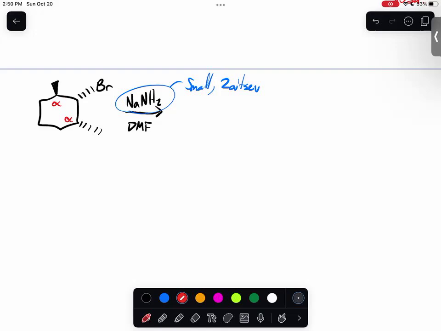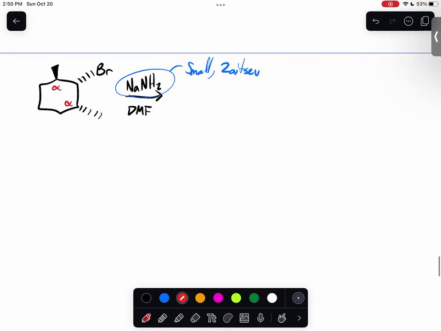But looking at these, we have something interesting happening. If we draw out where the hydrogens are on each, this one has a hydrogen on a dash, and this other one has a hydrogen on a wedge. What's weird about this, and this is why chairs are a little funky, is that we can't necessarily rotate this hydrogen up here into a position where it's on the wedge.